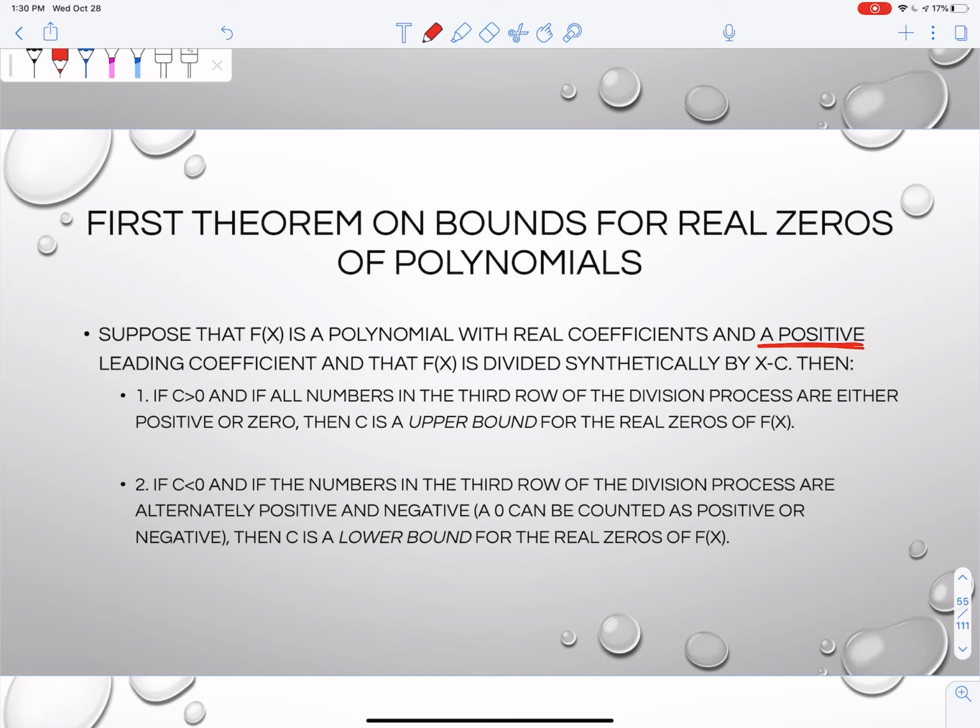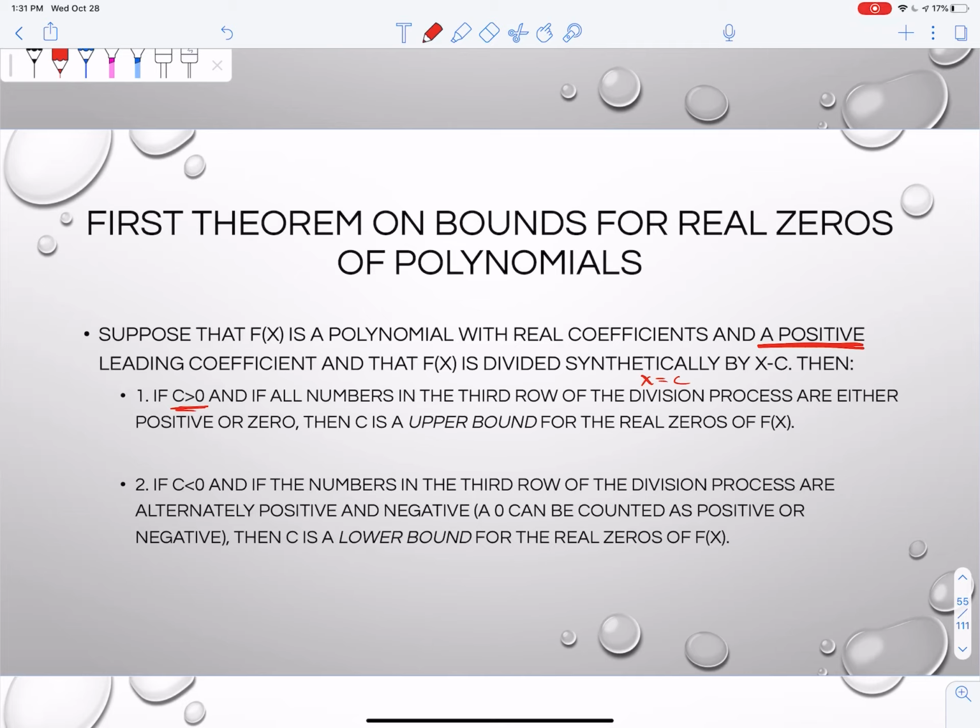Positive leading coefficient, and that f of x divided synthetically by x minus c, or divided synthetically by x equals c. So if that c that I divided by synthetically is greater than 0, and if all numbers in the third row of the division are either positive or 0, then c is an upper bound for all real zeros of f of x.